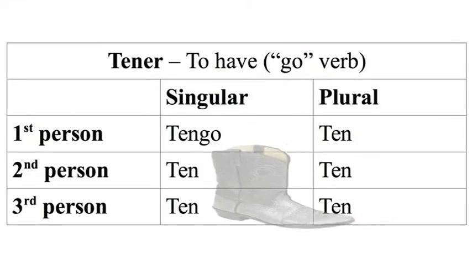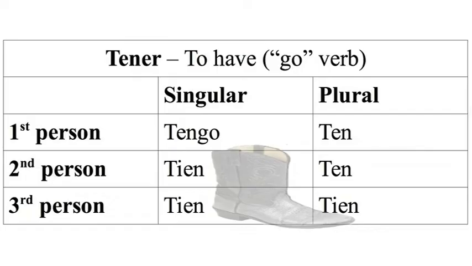Let's put the ten up there in all the boxes. And then change the E to an IE inside the boot. Tú, él, ella, usted, and ellos, ellas, ustedes. So we have tengo, and then our stems are tien, nosotros and vosotros are regular, so they're ten and ten. And then last we have tien.